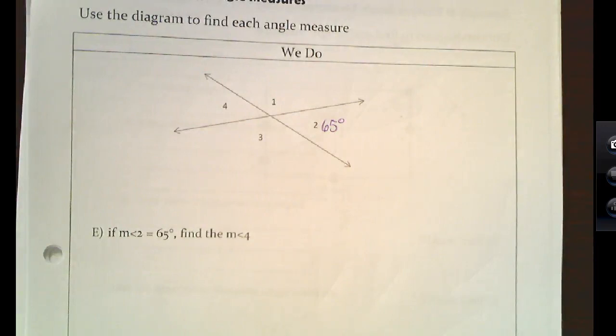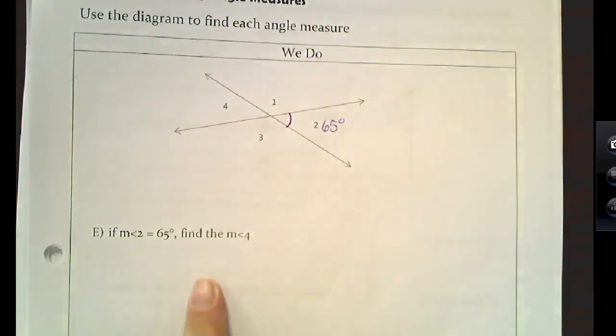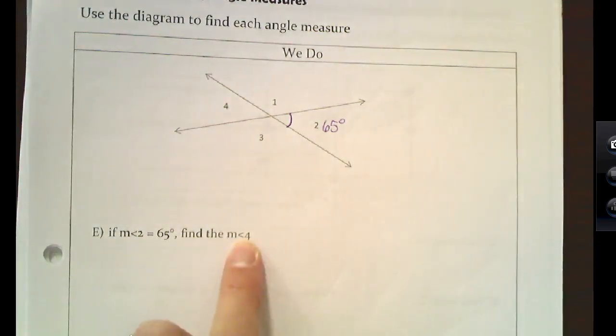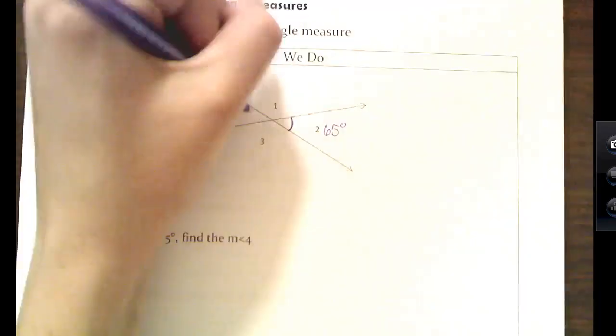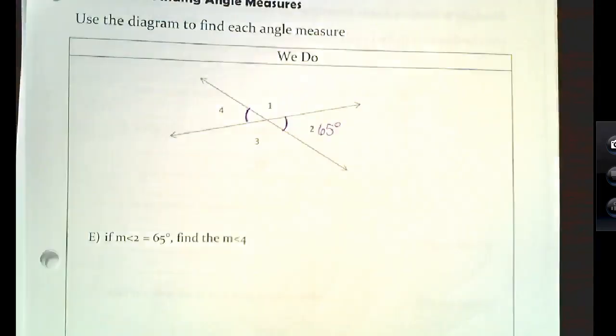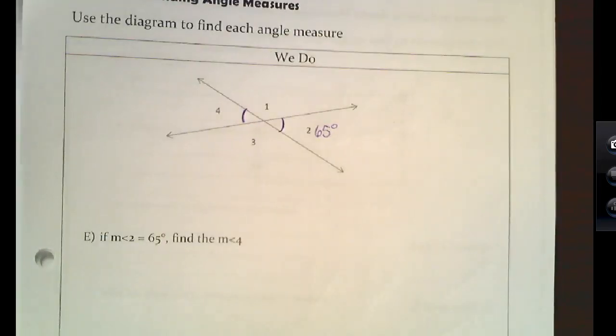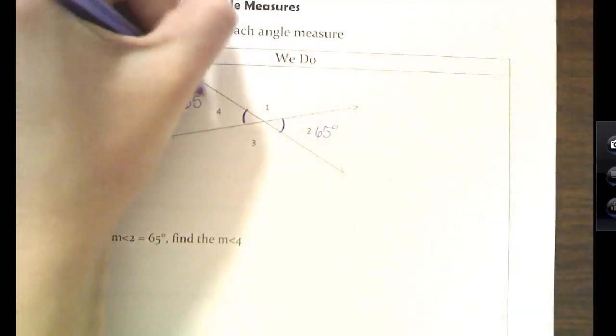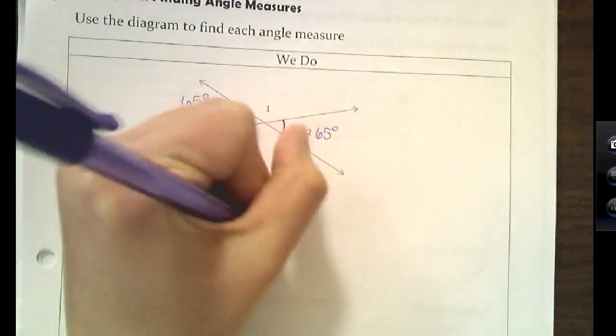It's 65 degrees right here. Our job is to find the measure of angle 4. Angle 4 is right here. Who thinks they could raise their hand and tell me what the measure of angle 4 is? 65 degrees. Very good. Angle 4 is also 65 degrees.